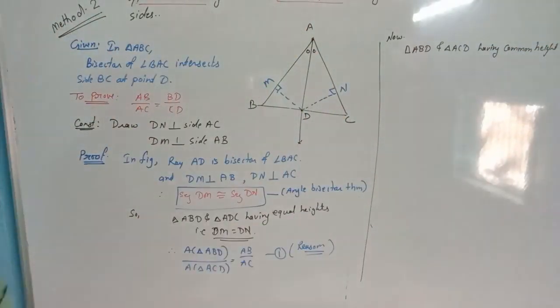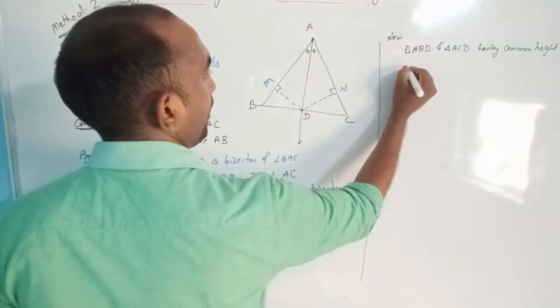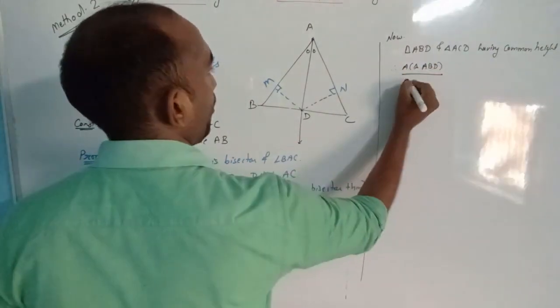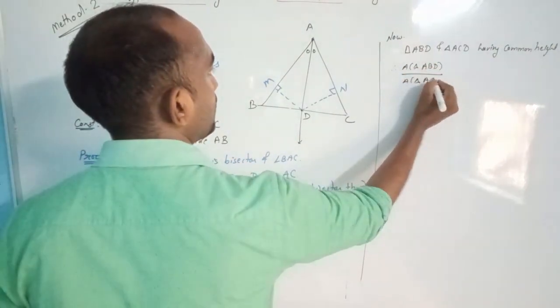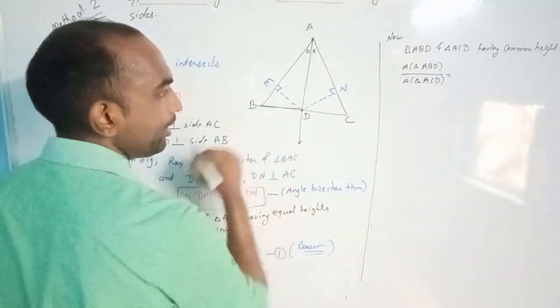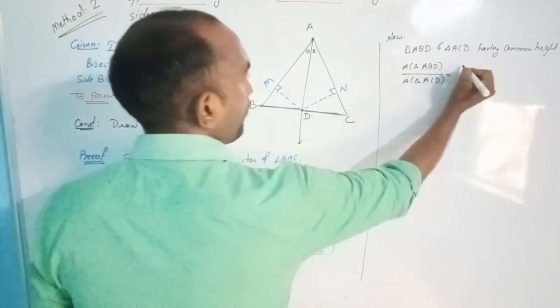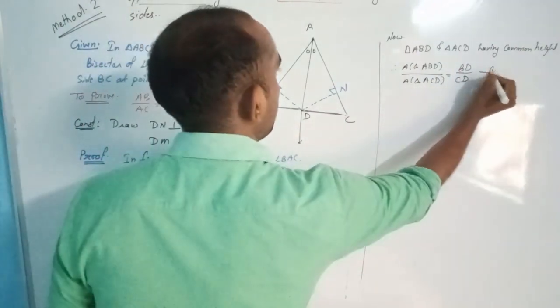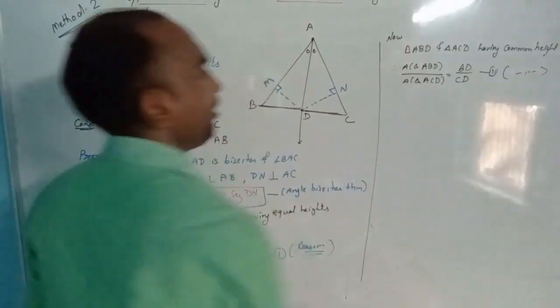So common heights means area depends upon base. So here area of triangle ABD upon area of triangle ACD, what will be the base? Base क्या है? BD and CD. तो BD upon क्या आ गया? CD. ये हो गया point 2 and reason क्या आएगा?